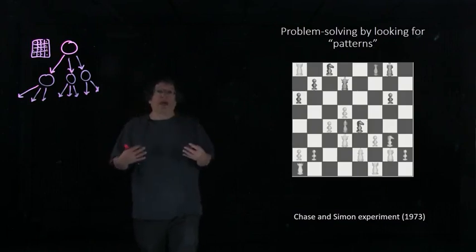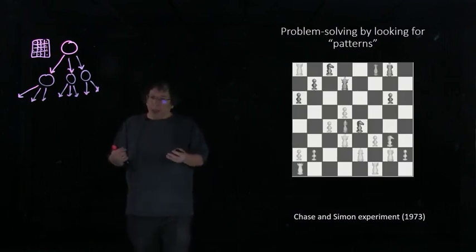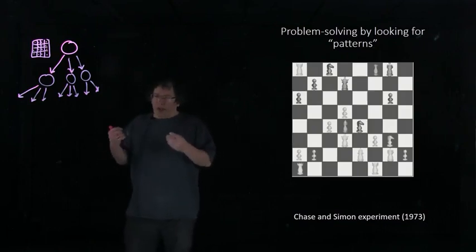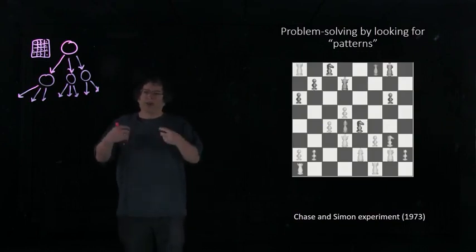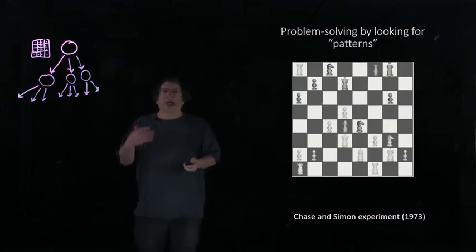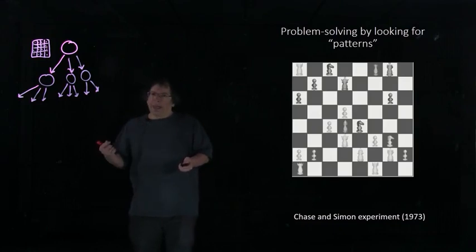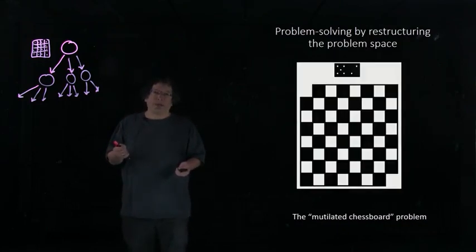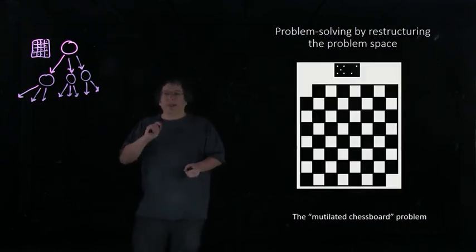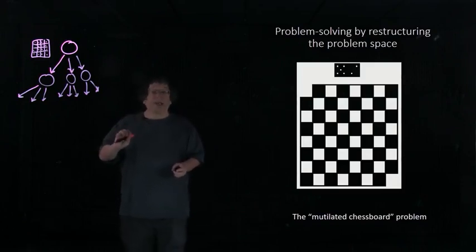To a first approximation, those are the kind of problems that both we as humans are able to solve, sometimes with a great deal of difficulty, and that computers are able to solve because they fit well into the programming style of problem solving.